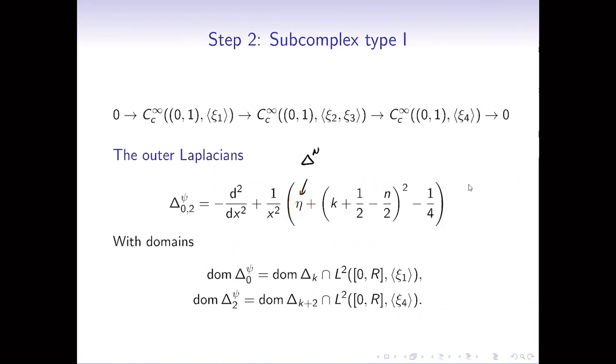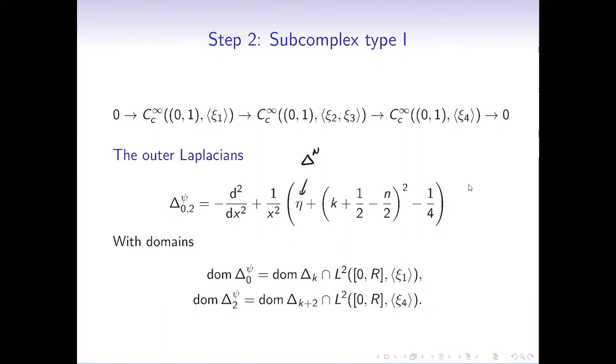And you can see that it's not just these that show up in this decomposition, it's this plus this entire thing. And this has to do with the compatibility of the decomposition. You can check the domains. And so because this is a compatible decomposition, the domain of these two operators are just the domain of the complete operator, restricted to this subcomplex.